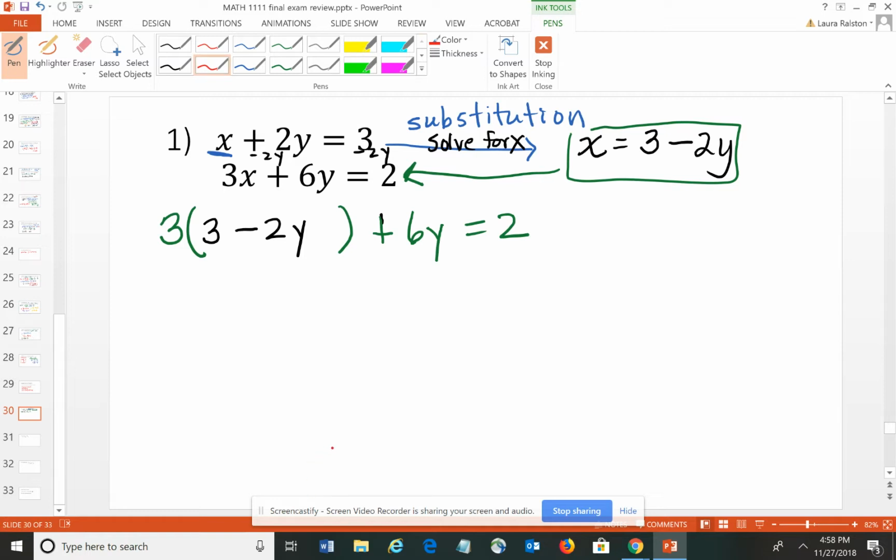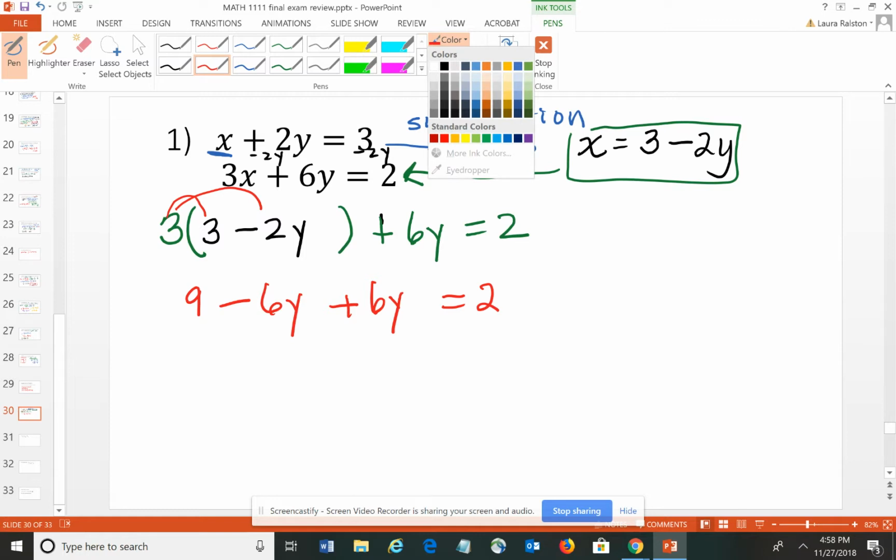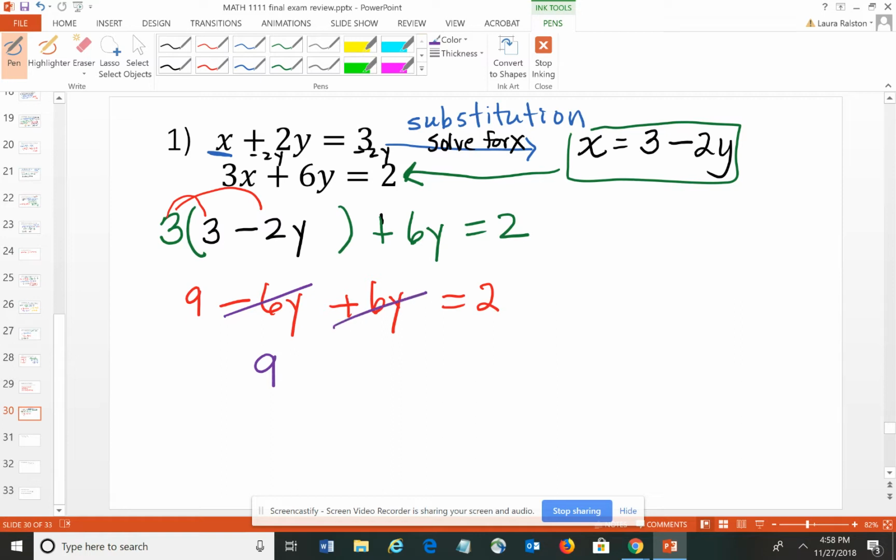So I have 3 times 3 is 9. 3 times minus 2y is minus 6y, plus 6y equals 2. If I simplify that, I have 9 minus 6y plus 6y goes to 0 equals 2.